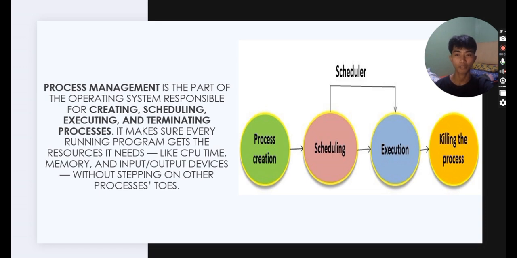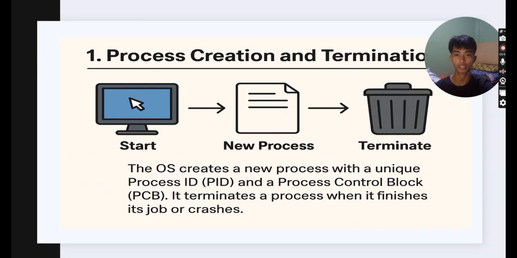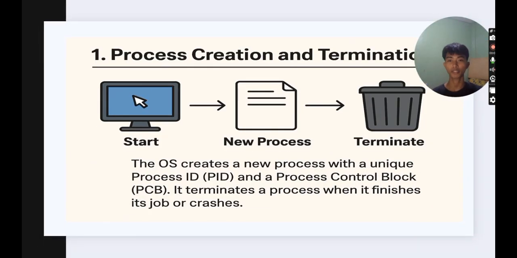on other processes' toes. So as the process management goes, it has process creation, the one that you make, and the scheduling, execution, then killing the process or termination. Next is process creation and termination.